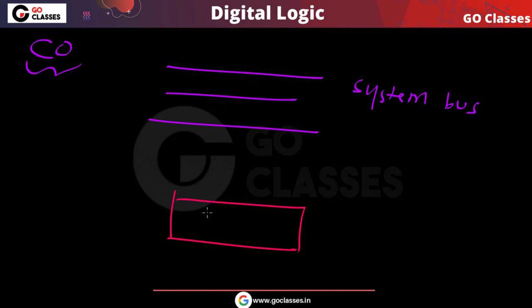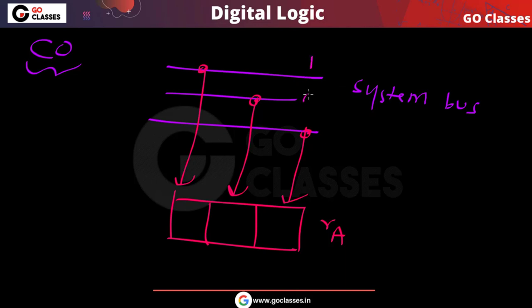Let's assume this is a 3-bit register. On the system bus, let us assume the data 100 is coming, and you want to store this data in this register.